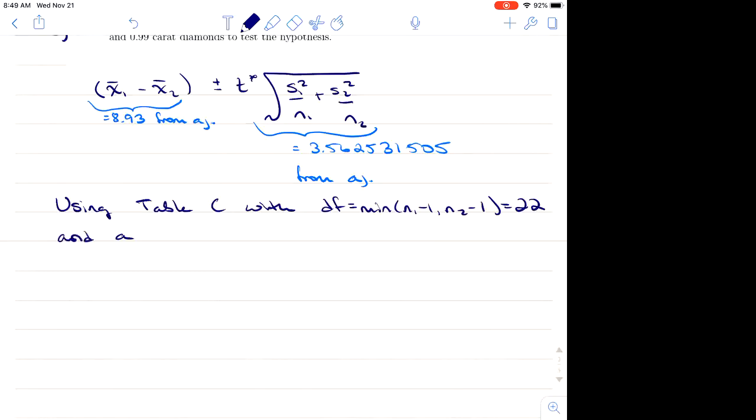And a confidence level of 95%, we find that T star equals, so we're going to go until we hit 22 degrees of freedom, 95%, 2.074.